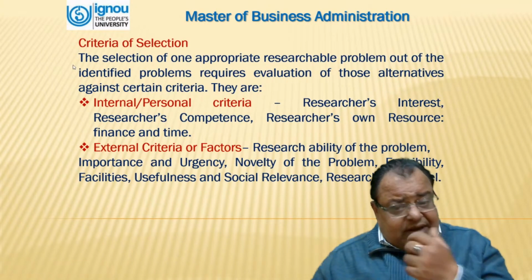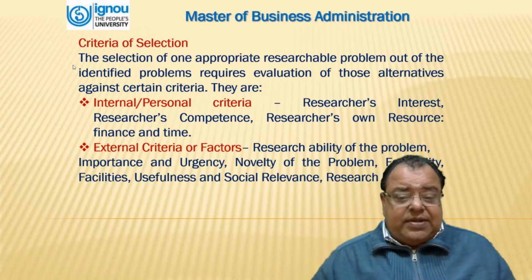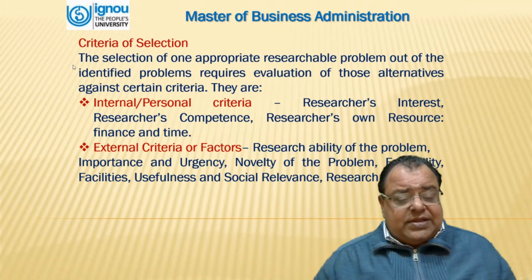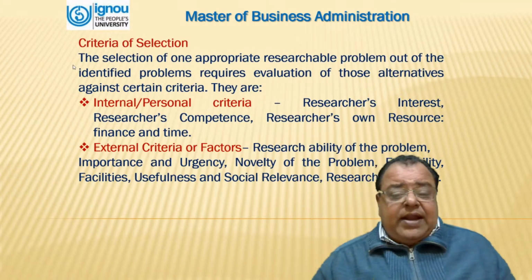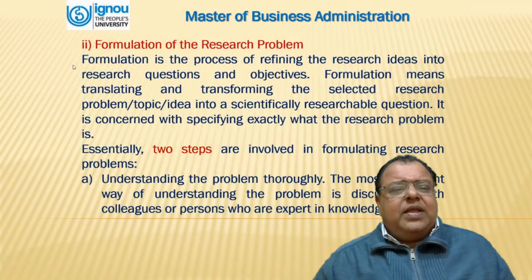External criteria factors are researchability of the problem, importance and urgency, novelty of the problem, feasibility, facilities, usefulness, and social relevance. Research, personal, so many things are involved.